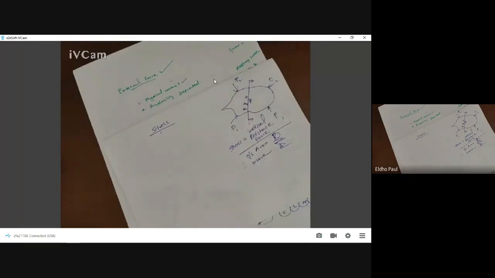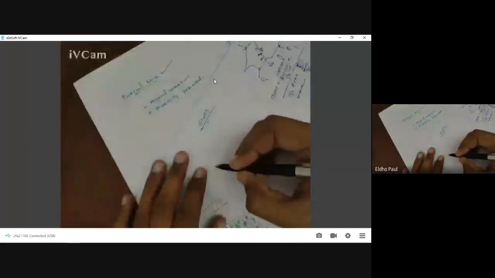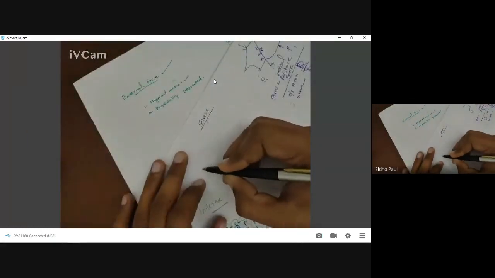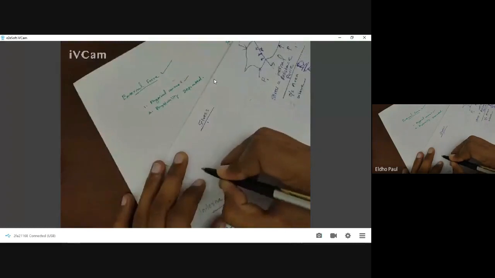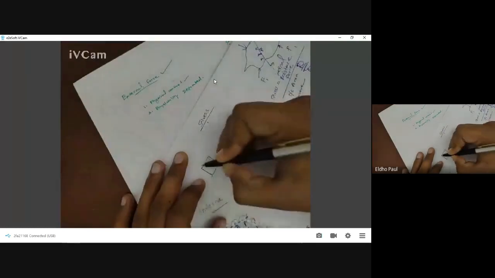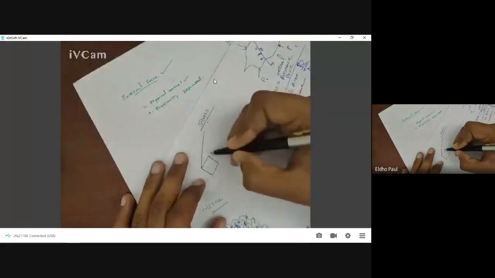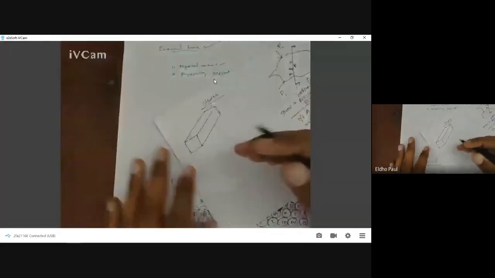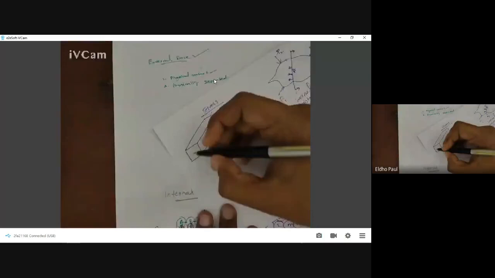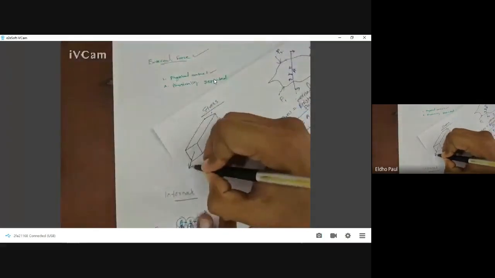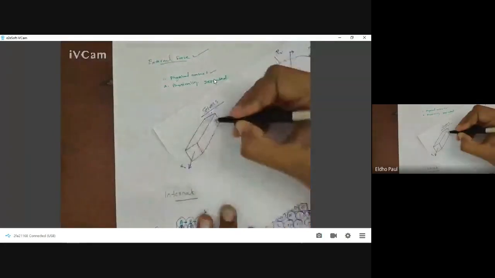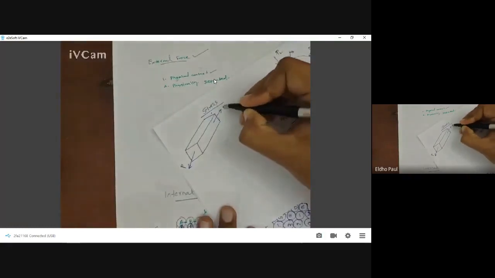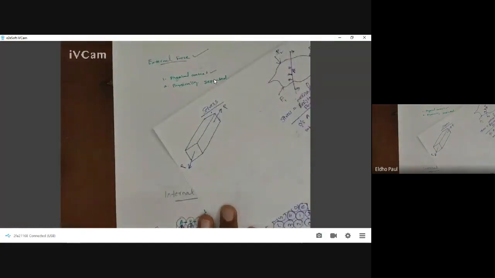Next I am going to calculate the stress on a bar member. For example, here I am drawing a bar member, a rectangular bar. A tensile force P is acting on this bar.